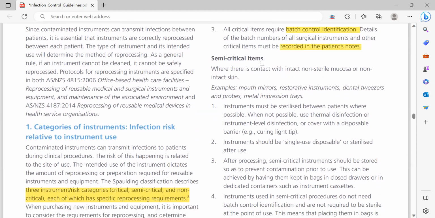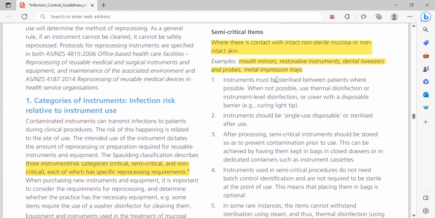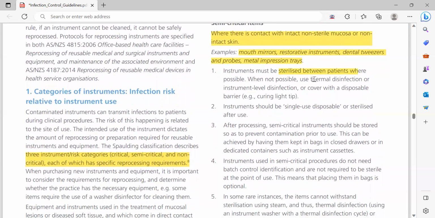Then the semi-critical items, which are those items that contact intact non-sterile mucosa or non-intact skin. For example, mouth mirrors, filling instruments, dental tweezers, probes, and impression trays. These instruments should also be sterilized between patients where possible, and when not possible, you can use thermal disinfection or instrument level disinfection for them.